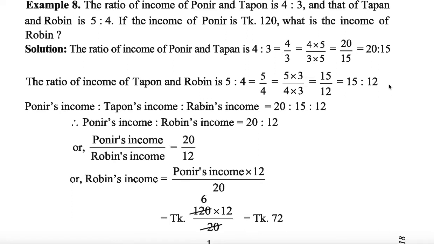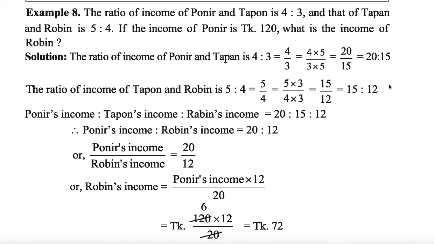The ratio of income of Pony and Tapan is 4:3, and that of Tapan and Robin is 5:4. If the income of Pony is 120 taka, what is the income of Robin? First, you make the common terms equal. 3 and 5 are not equal, so multiply the first ratio by 5 and the second ratio by 3. 20 by 15 is the first ratio, 15 by 12 is the second ratio.